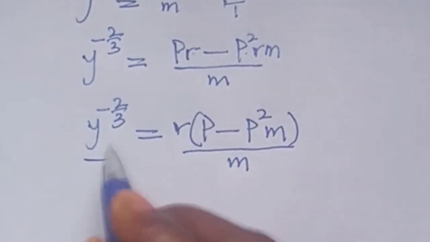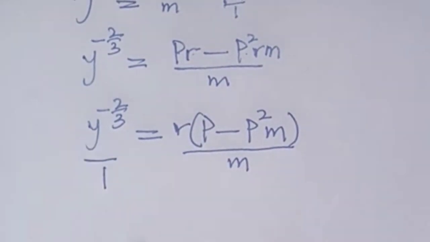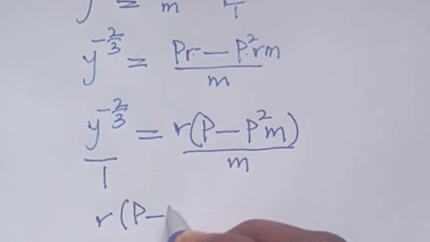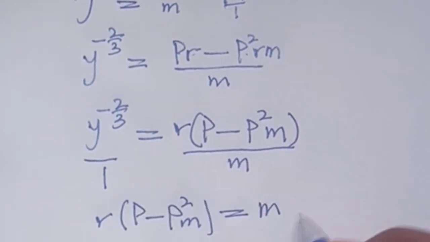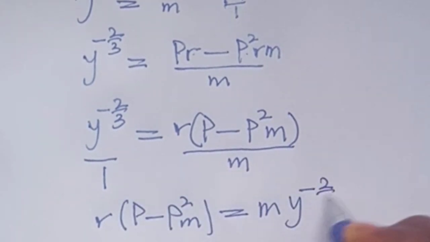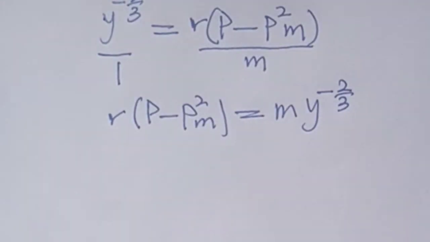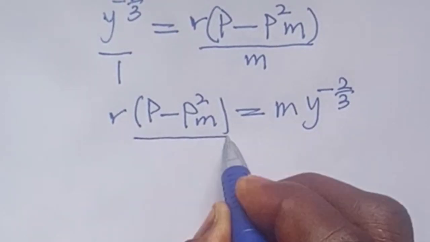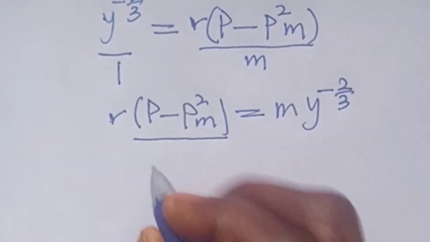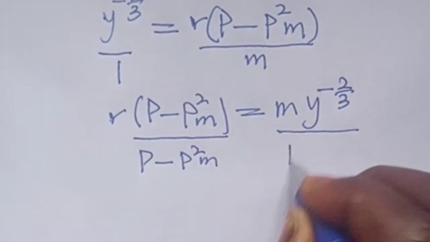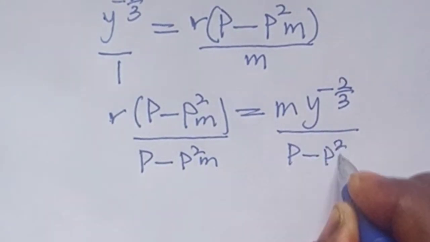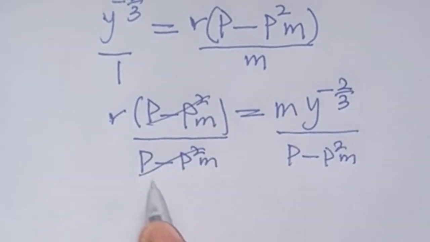Here this is over 1. If we cross multiply, we have r times p minus p to the power of 2 m equals m y to the power of minus 2 over 3. From here, if we divide by the coefficient of the unknown, which is r, that is p minus p to the power of 2 m, all over p minus p to the power of 2 m, here p minus p to the power of 2 m will cancel out.